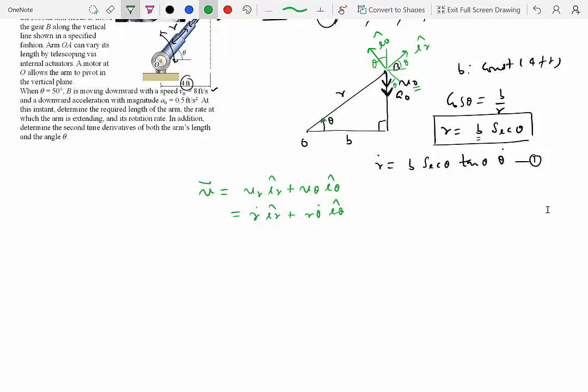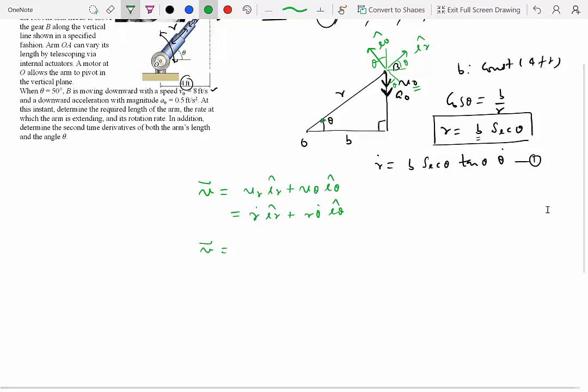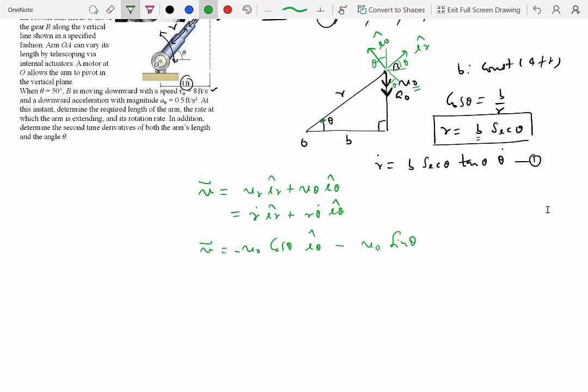So V is nothing but V0 cosine theta, and that's along the minus E theta hat direction, right? And then along the other direction, ER hat direction, that will be V0 sine theta ER hat. That is the resolution of velocity in the R theta coordinate system, right? Because velocity is shown to be in the downward direction, all we are doing is resolving it along R and theta direction.